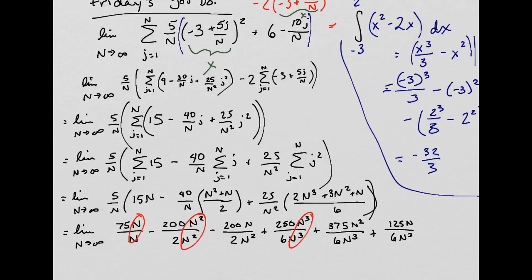Now remember, all of this, n over n is 1, n squared over n squared is 1, and n cubed over n cubed is 1. And all the rest, the top is growing much slower than the bottom.